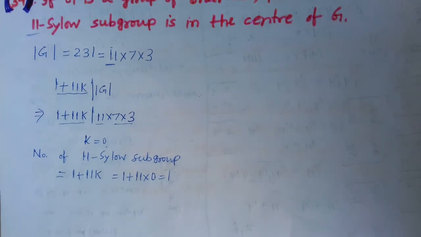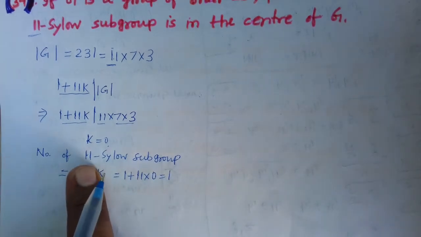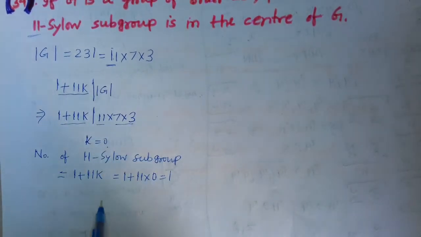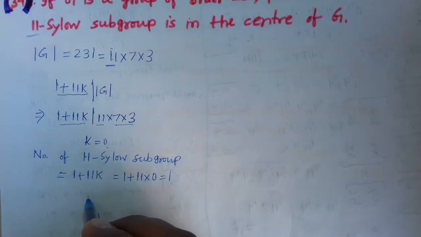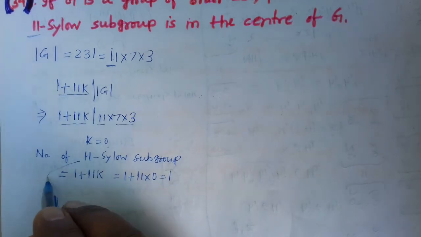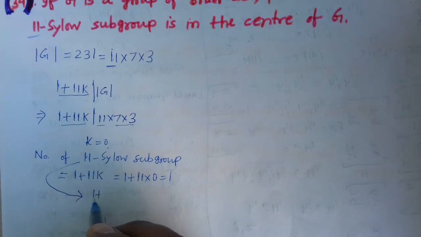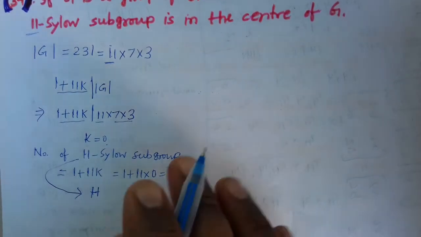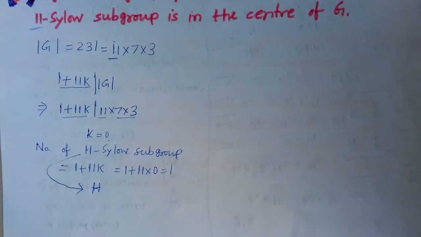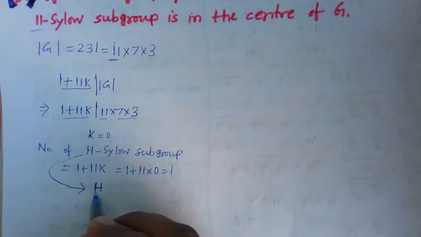Since there is only one 11-Sylow subgroup, this will be normal. Suppose this 11-Sylow subgroup is H, so H will be normal, because Sylow subgroups are conjugate. Thus H is normal.